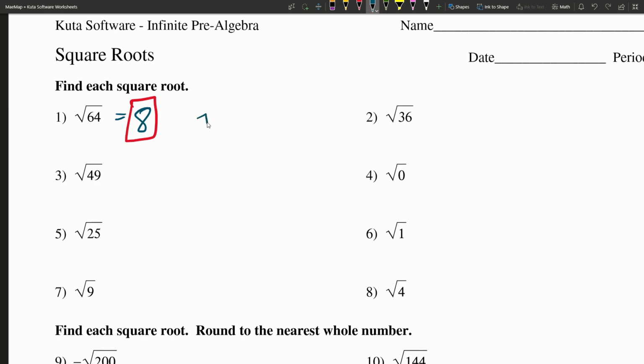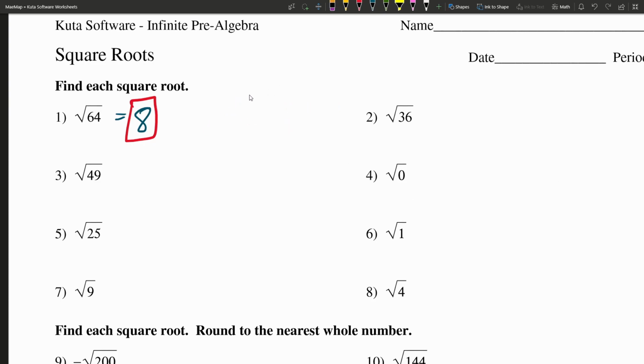So writing this out, we can say that the square root of 64 is equal to the square root of 8 squared, because 8 squared is 64, and the square root of 8 squared is equal to 8.